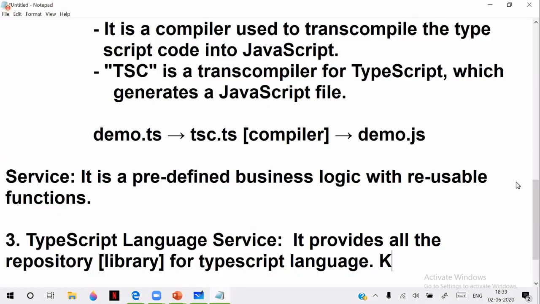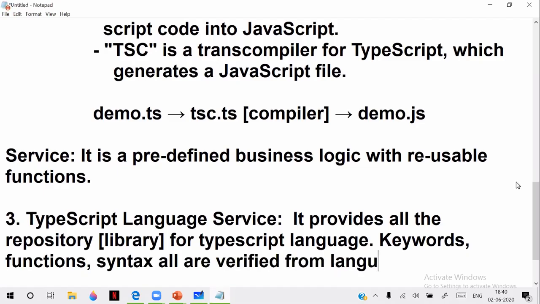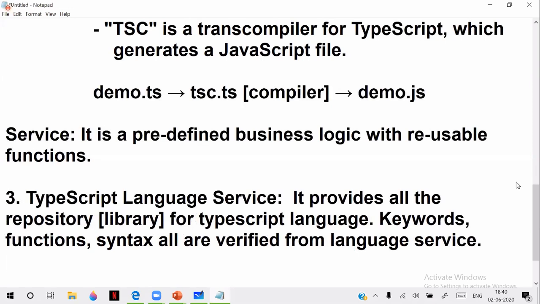That means the keywords, the functions, the syntax, all are verified from language service. Whatever you are trying to use is verified by language service, and it is under the control of a file.